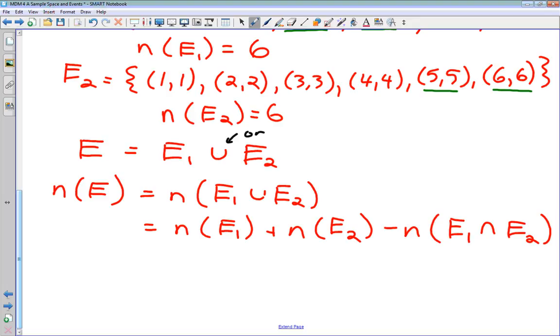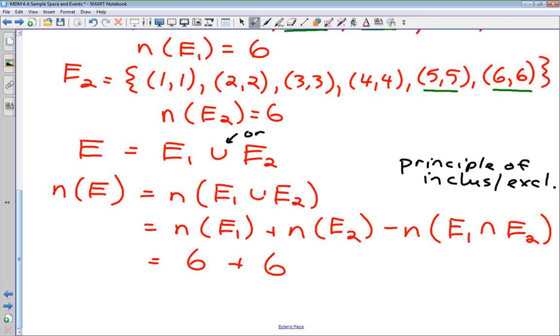This was our principle of inclusion-exclusion. So how many things are in E? Well, we've got 6 in E1, 6 in E2.